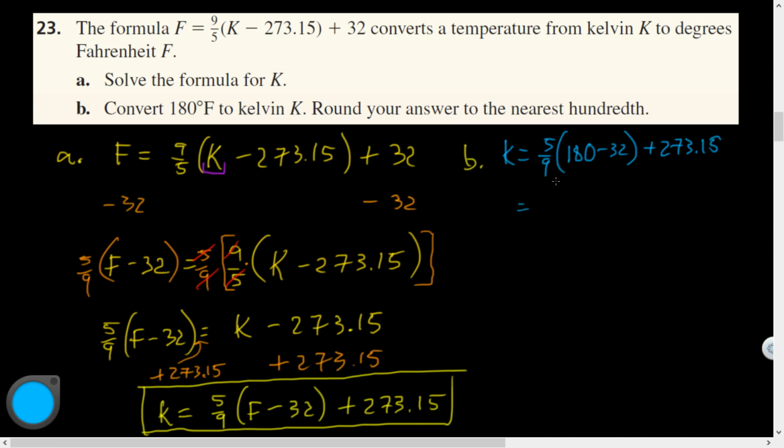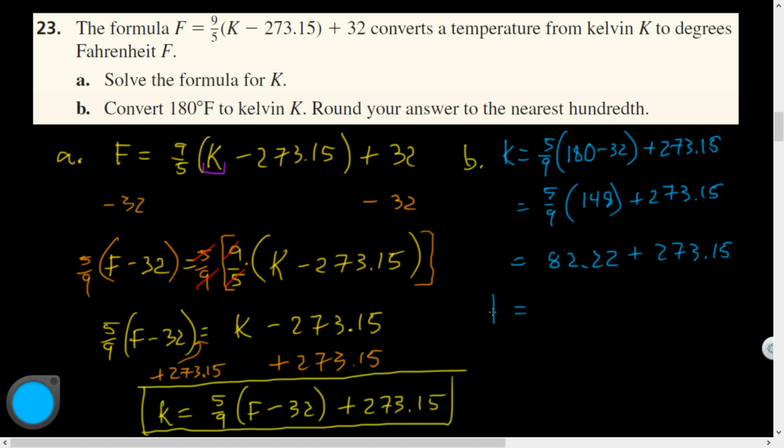So that's going to equal 5/9 times, 180 minus 32 is 148, I believe. And I think it's about time to reach for a calculator. Let's see, I will do 148 divided by 9. Yeah, that's a decimal. Times 5. I get 82.2 repeating plus the 273.15.